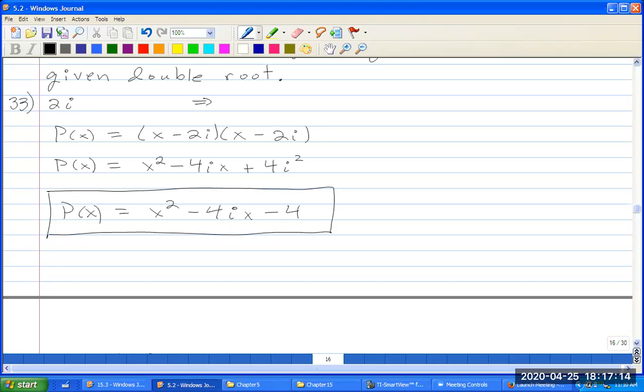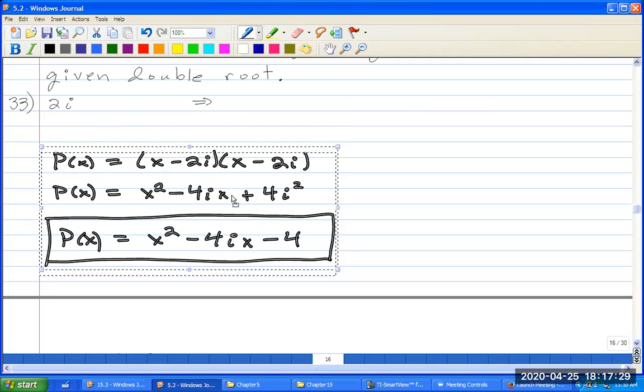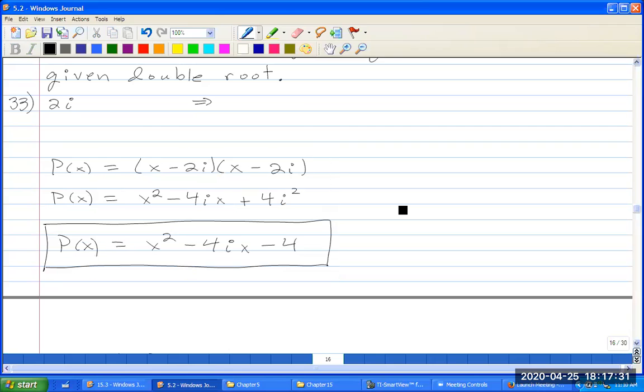Some of the coefficients here are complex. Okay. So 2i and 2i are roots.